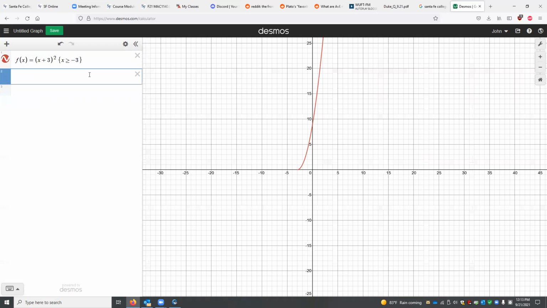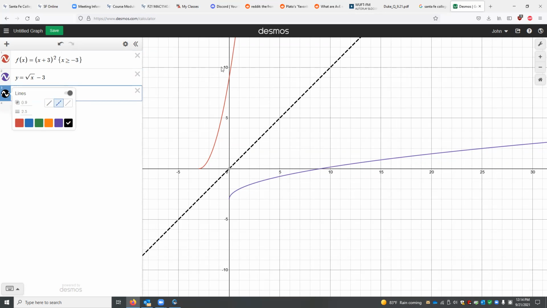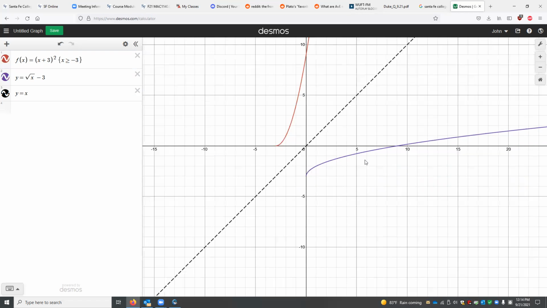The inverse function I found is this guy. And you see there's some nice symmetry here, right? The original function and the inverse function, they look very similar. In fact, that symmetry is about the line y equals x. So if you reflect the original graph over the line y equals x, you'll get the graph of the inverse.